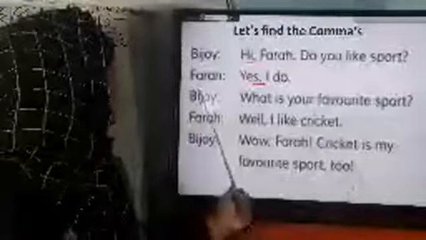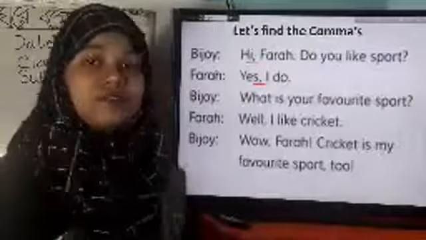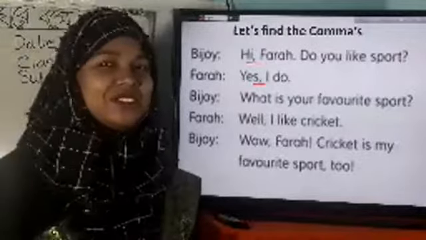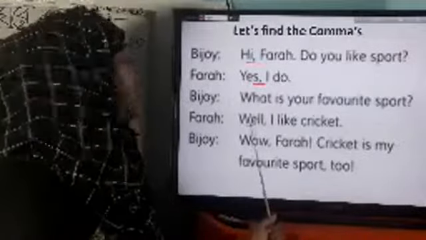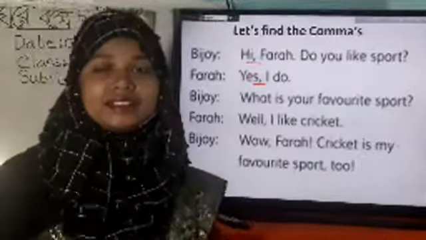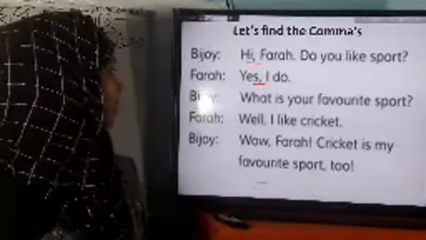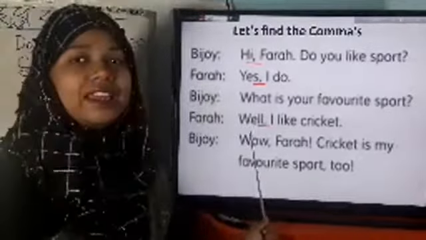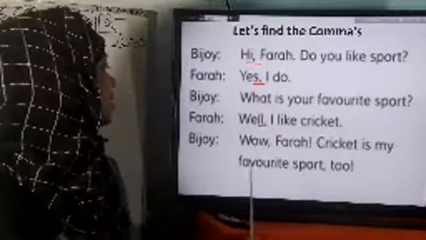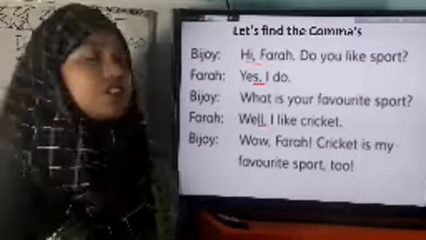Next sentence, what is your favorite sport? Is there any comma? No, there is no comma. Now the next sentence, well, I like cricket. Here is a comma, dear student, and it's after well. Next, wow, Farah, cricket is my favorite sport too.